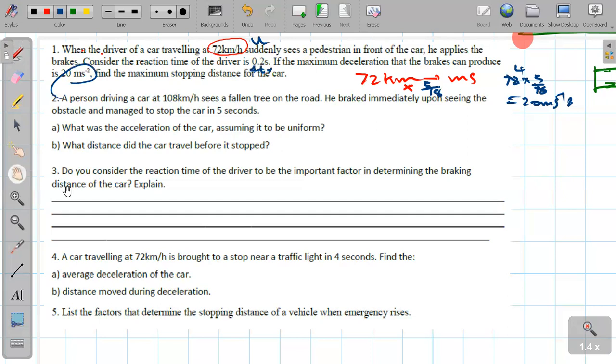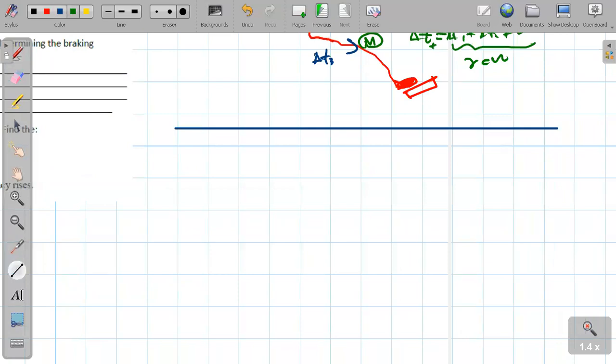Firstly, the car moves with some uniform velocity, that is 20 meters per second, until the reaction time, and there will be a thinking distance.